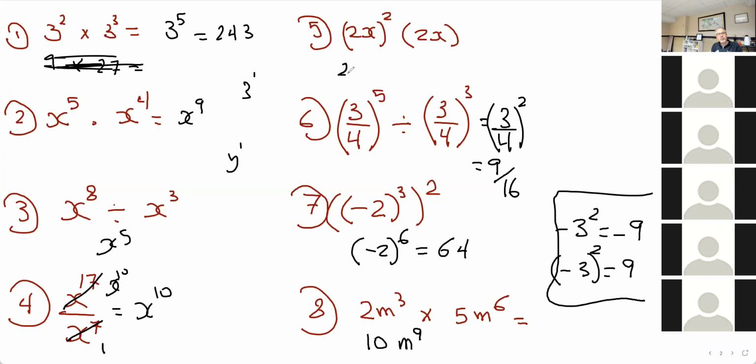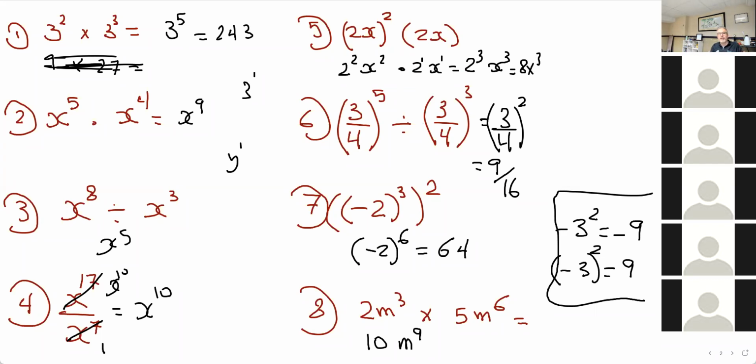So that becomes 2 squared x squared times 2x, which has a 1, of course, as we said, and this has a 1. So 2 squared times 2 to the 1 gives me 2 to the 3, and x squared times x to the 1 gives me x to the 3 as well, which gives me 8x cubed, because 2 to the power of 3 is 8.